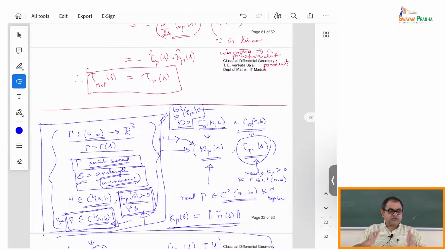So instead of writing all that, I am just having a convenient notation. I am calling it script C3. Don't confuse the script C3 with the ordinary C3. Ordinary C3 is for 3 times continuous differentiability. The script C3 is this whole class. Basically, I am just considering all unit speed curves on an open interval which are 3 times continuously differentiable and which have positive curvature functions.